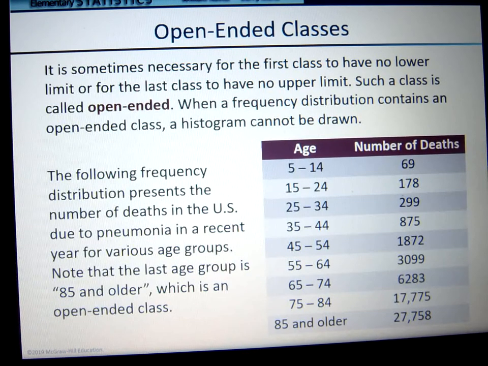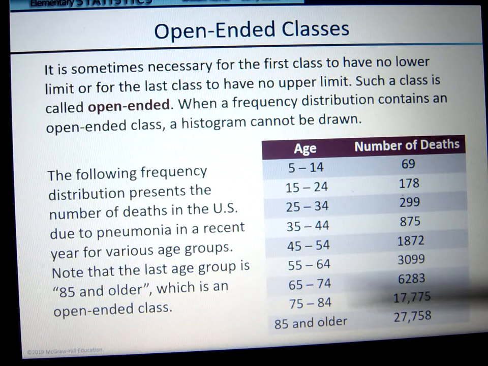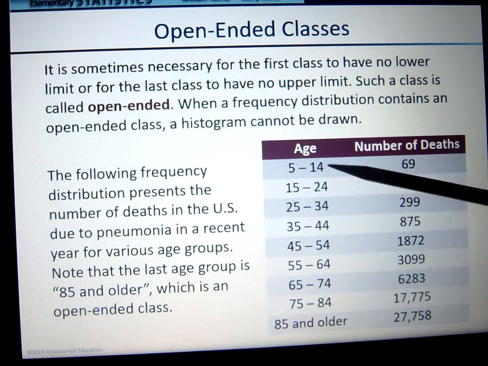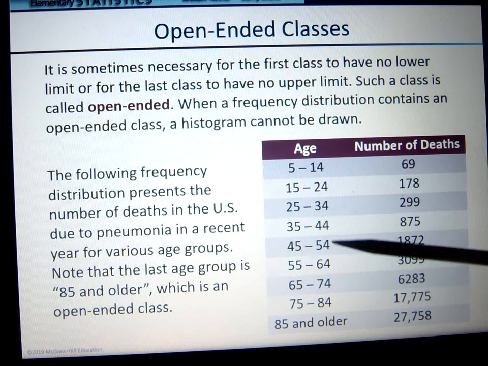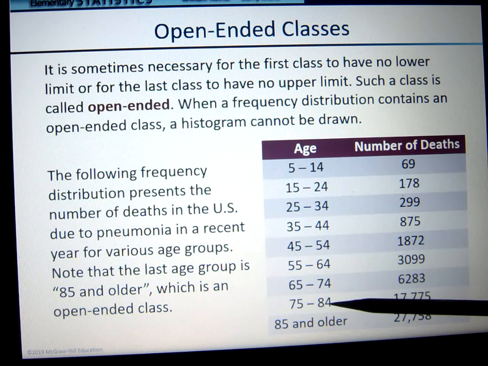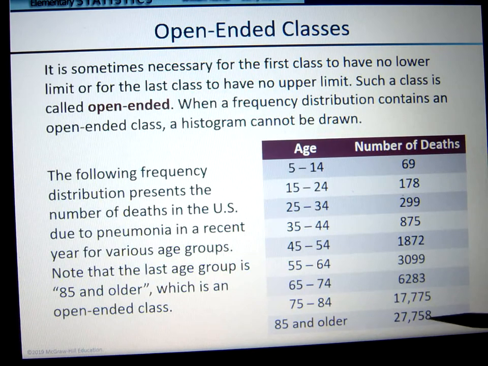Sometimes you might have an open-ended class, and this happens, for instance, with age. If we have ages 5 through 14, 15 through 24, notice that all these class widths are the same. However, when we get down to 85, we only have 85 and older. So it's an open-ended class width. Now, this could happen for a number of reasons.